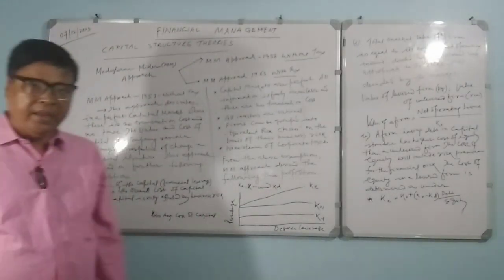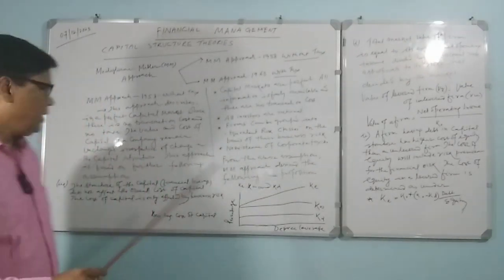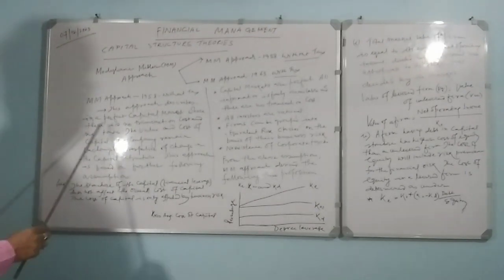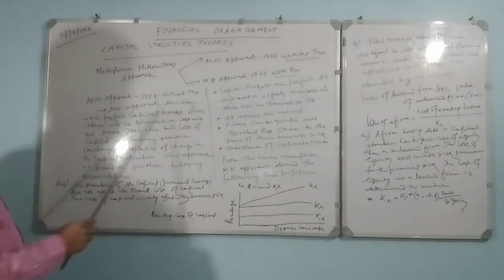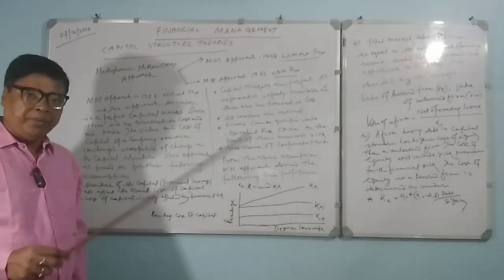You see that every concept is based upon some fundamentals. So here also they have taken certain things: the approach describes a perfect capital market where there is no transaction cost and no taxes. Those are the pre-assumptions.